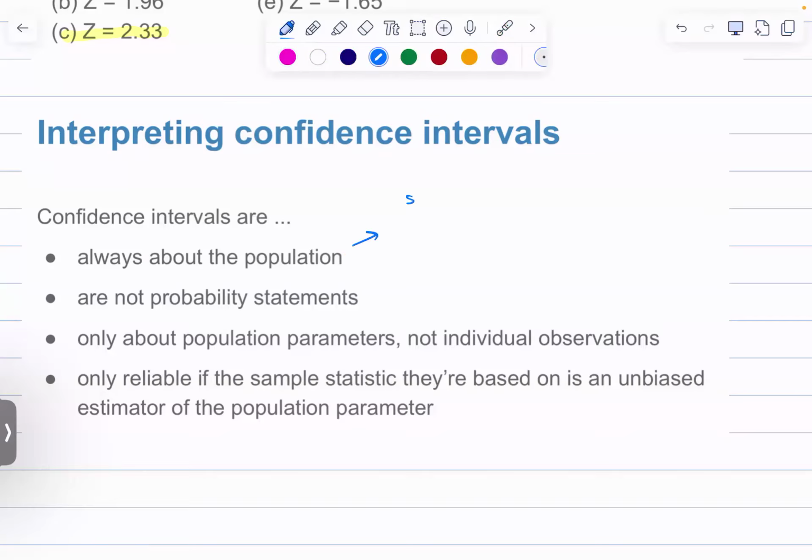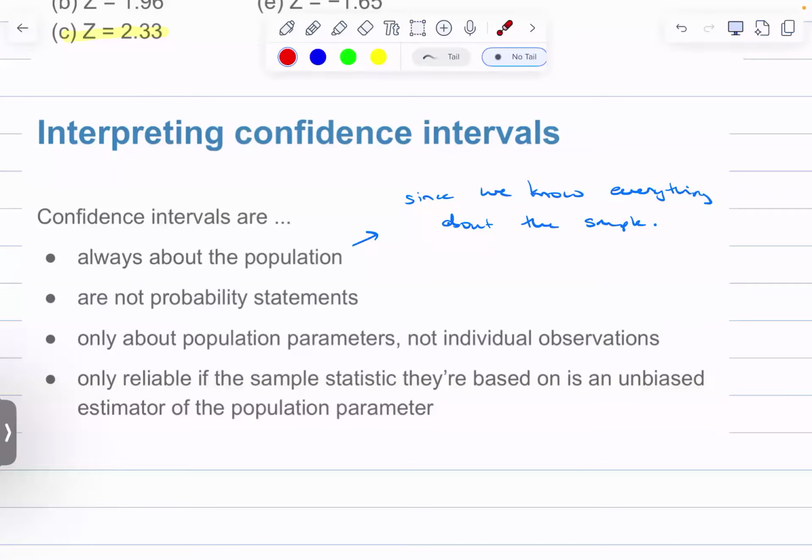So here, since we know everything about the sample, anything you might want to learn, you have a sample, you can use it. So that's not important. It's about the population.